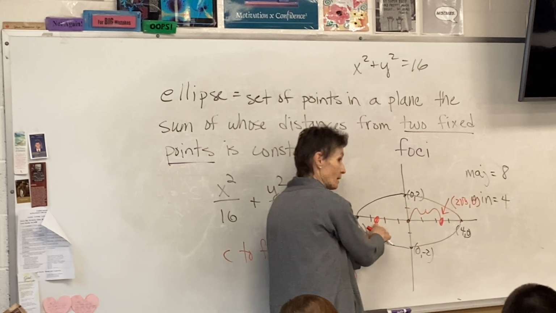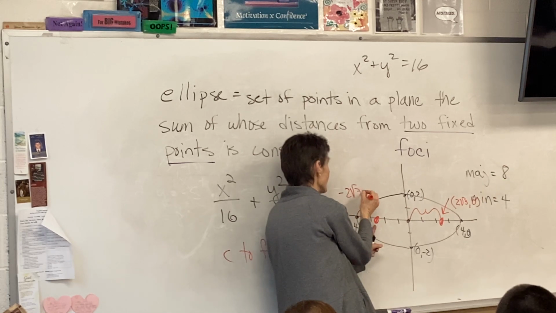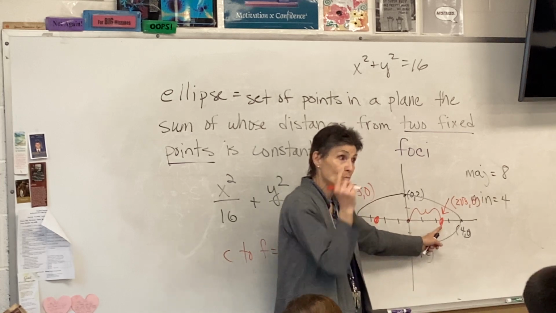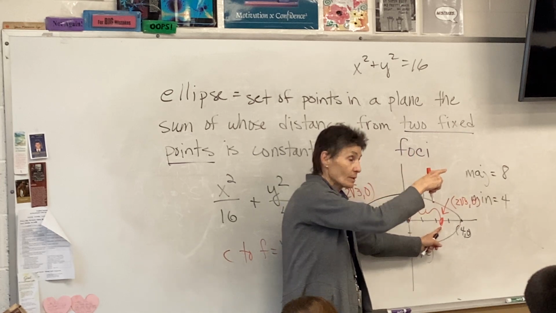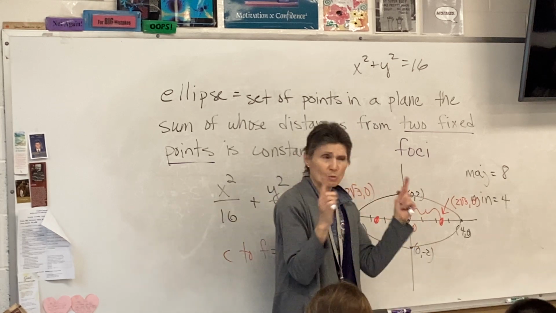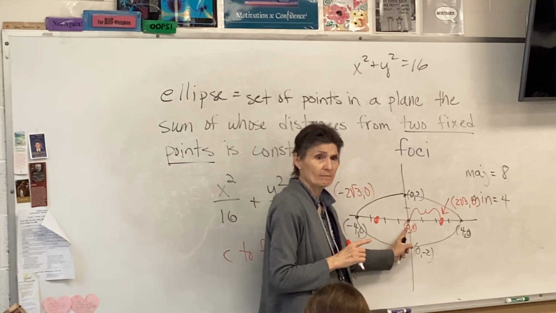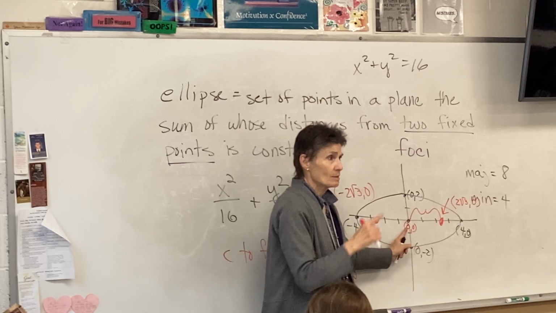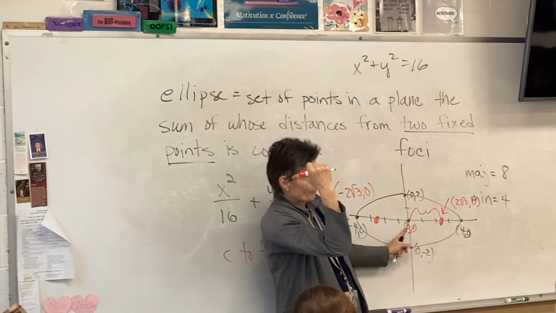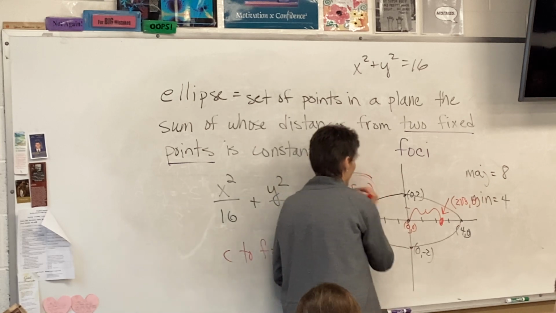What is this one going to be? Negative 2 root 3, comma 0, exactly. So we're going to add 2 root 3 to our center. And which way am I going? Sideways, so I'm adding it to the x, right? So 0 plus 2 root 3 and 0 minus 2 root 3. And those are your foci.